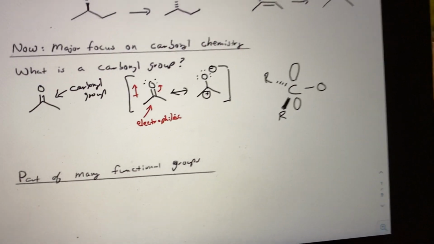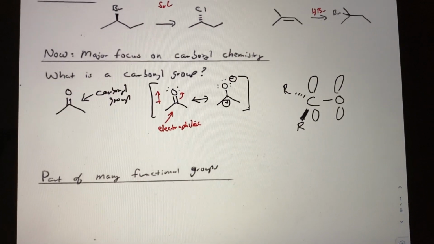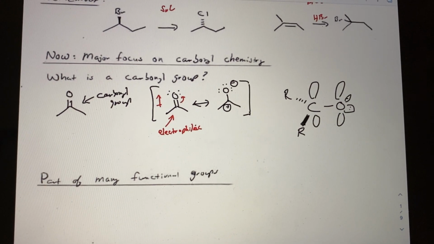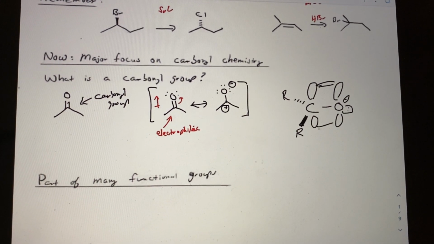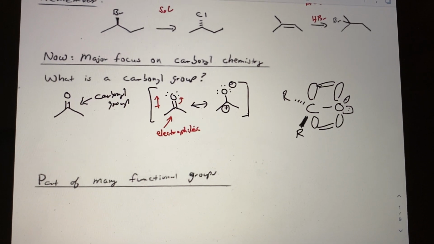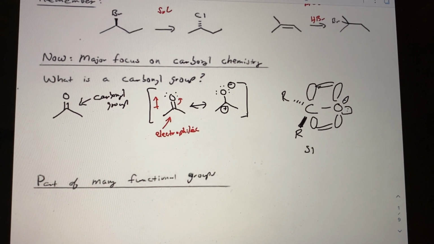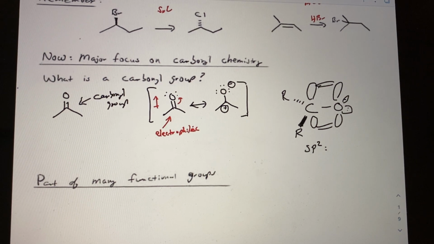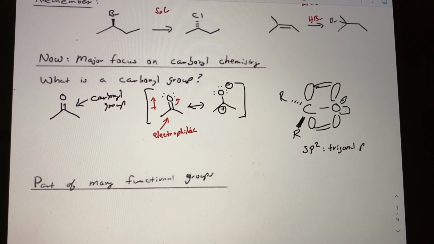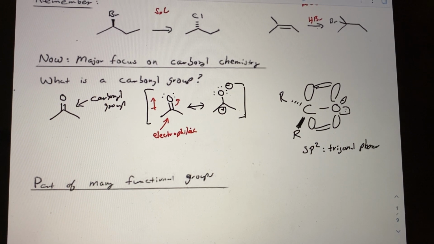So we have this pi system here. I'm sure you can draw it much better than I can. It looks like this. And so the key thing here is that this carbon is sp2 hybridized. Trigonal planar is the geometry here.